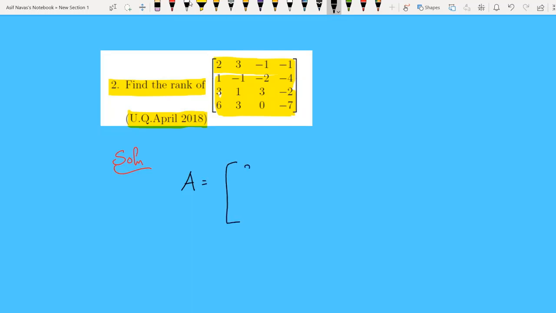What is the matrix? 2, 3, minus 1, minus 1, 2, 3, minus 1, minus 1, 1, minus 1, minus 2, minus 4, 3, 1, 3, minus 2, 6, 3, 0, minus 7.